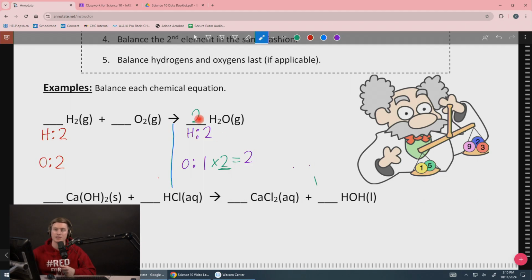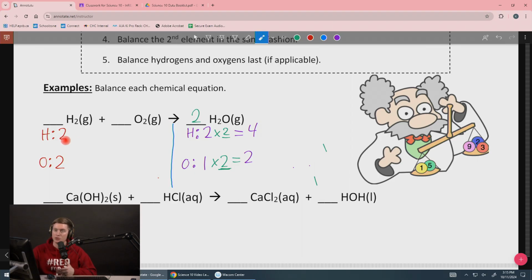Notice, however, that this 2 doesn't just multiply the oxygen, it also multiplies the hydrogen. So if I put a coefficient in front of a molecule, I have to multiply all of the atoms in that molecule. So now I have 4 hydrogen. Now I have to revisit the hydrogen that I had on the reactant side.